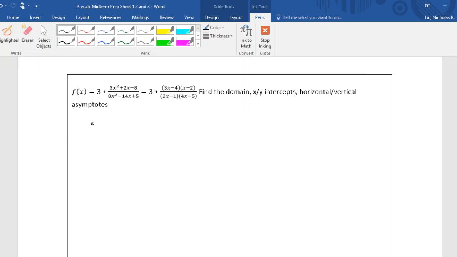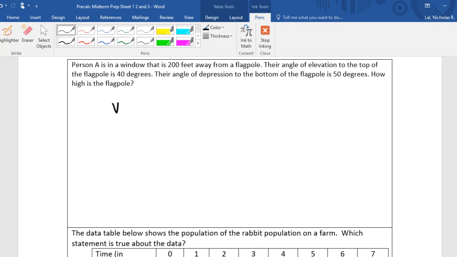So let's first find the vertical asymptotes.